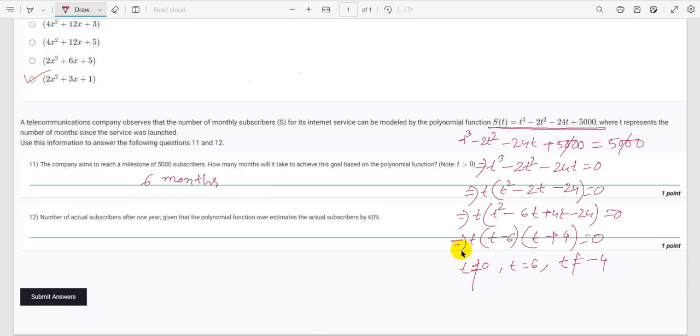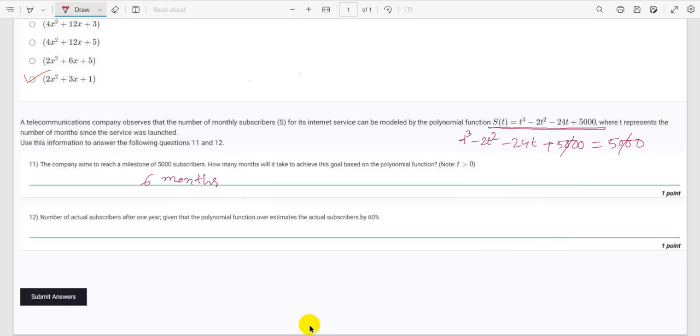Okay. And our last question: the number of actual subscribers after 1 year, given that the polynomial function overestimates the actual subscribers by 60%. So we have to find the subscribers after 1 year. Here t represents the number of months, so 1 year means 12 months.